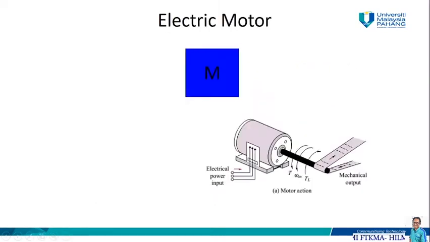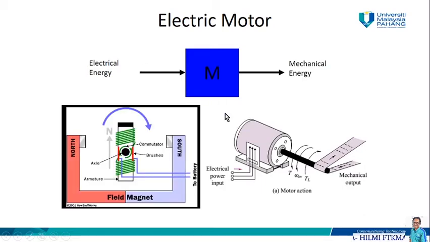First we have the electric motor. In this figure, we have already seen this kind of motor everywhere in our daily life. An electric motor converts electrical energy to mechanical energy, and it consists of a permanent magnet and an electromagnet.